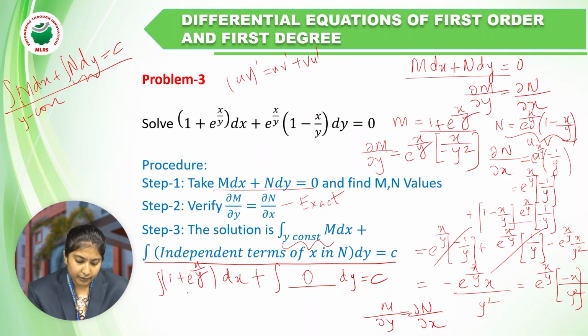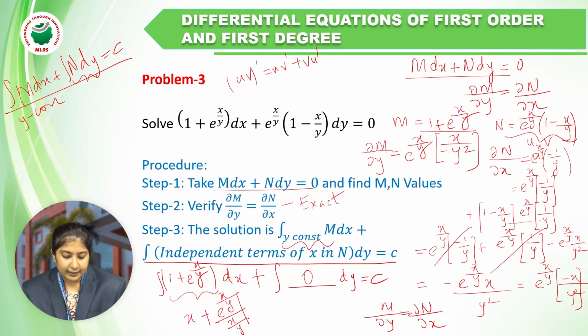Now we have to perform integration with respect to M here. That is, we are taking the M term. In the M term, what we said, y is constant. So integral of dx is what? x plus, next, integration of e power x by y is what? e power x by y integration is e power x by y only, no? But what we said here, that y should be constant. So again y is taken out, right?